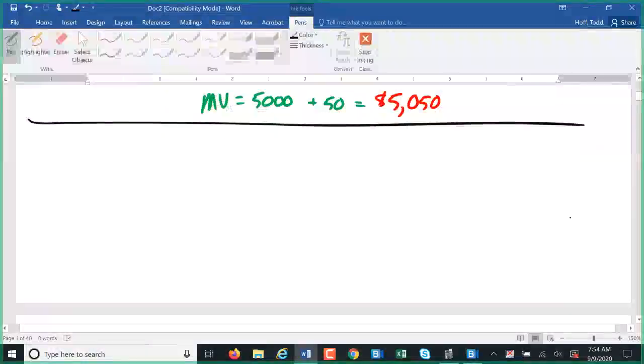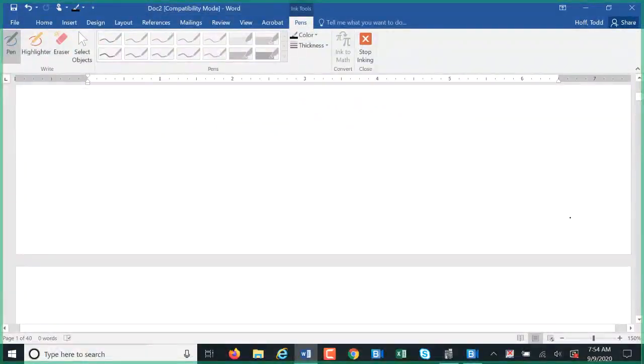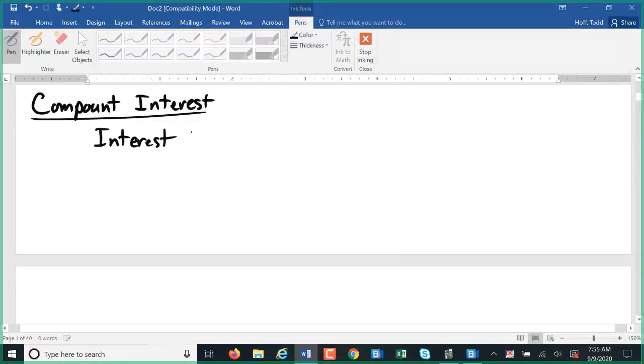Well, I want to take a look at those longer terms now. Anything over 3 or 6 months, banks, or any investment institution, will use something called compound interest. What compound interest is, is interest is calculated every set period and it's added to the balance.